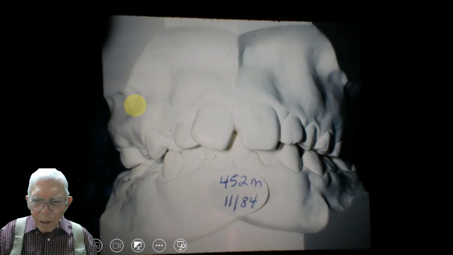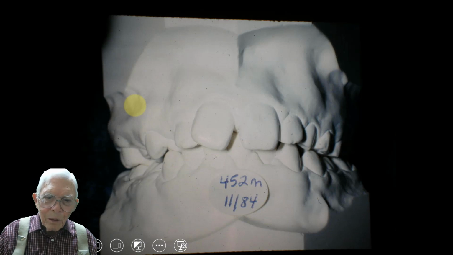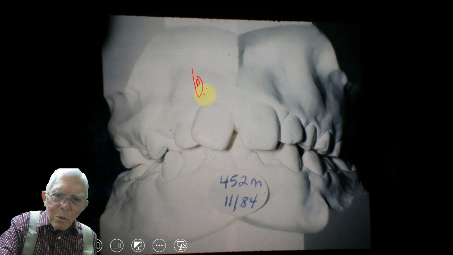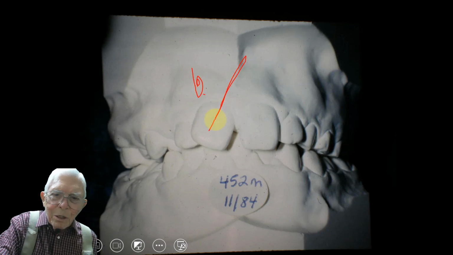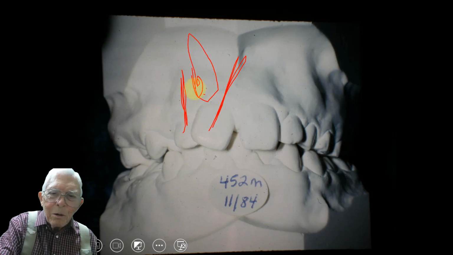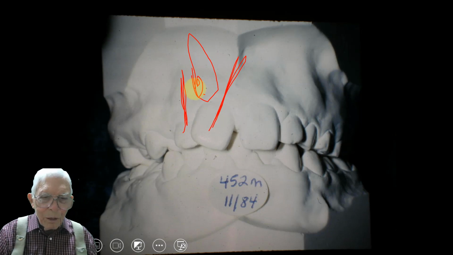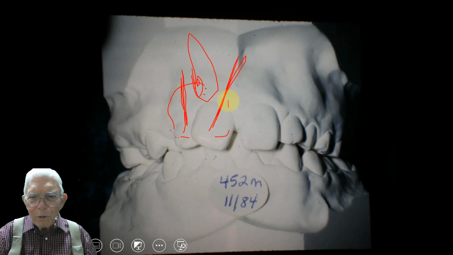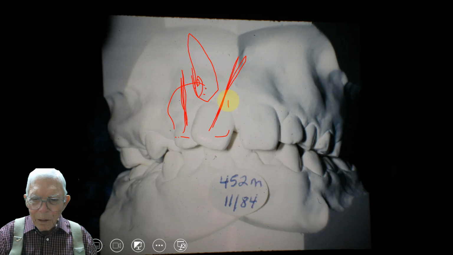Now here, the lateral, this cuspid is coming in right in here and is forcing the root of this central off to an angle like that, and the lateral over in this direction, and this cuspid is located somewhere in this area right here. I'll show that to you now. That alone is a problem, moving this cuspid over and bringing that lateral back and then lining this tooth up. So you've got your work cut out for you in this thing.